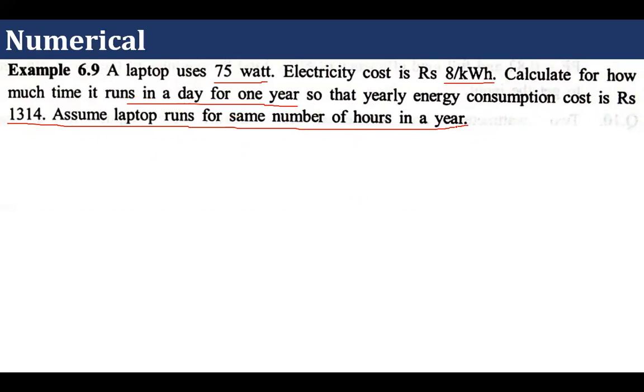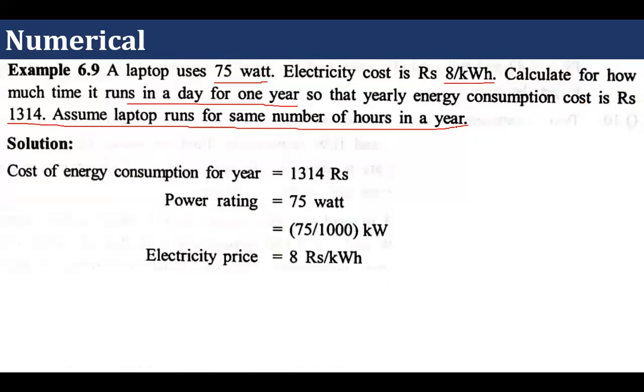Here we have to calculate the number of hours for which we are using the laptop. So cost of consumption we know. Power rating, we have converted that into kilowatt, so this much will be the power rating, and this is the electricity price.